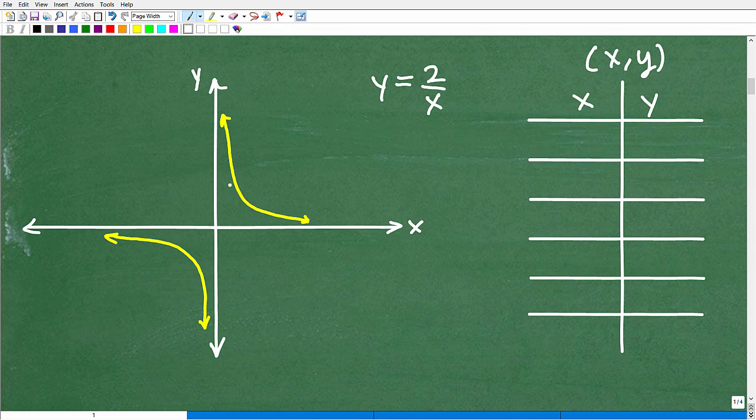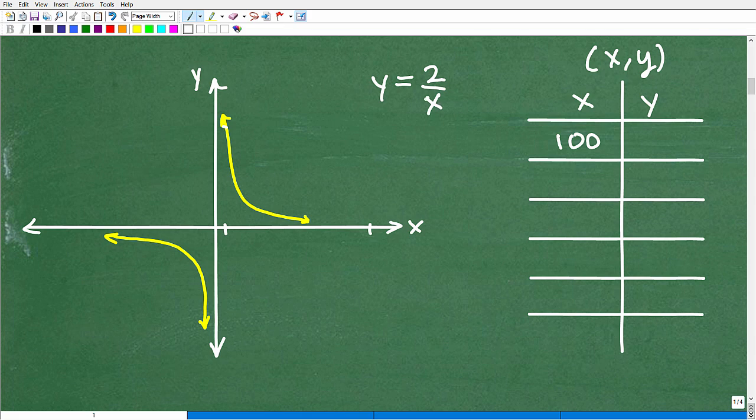But let's take a look at what's going on here. When x is very, very small, this graph is very, very large, way up here. And when x is very, very large, this thing is getting very, very small. So let's plug in a very large number for x, let's say 100. What is y when x is 100?